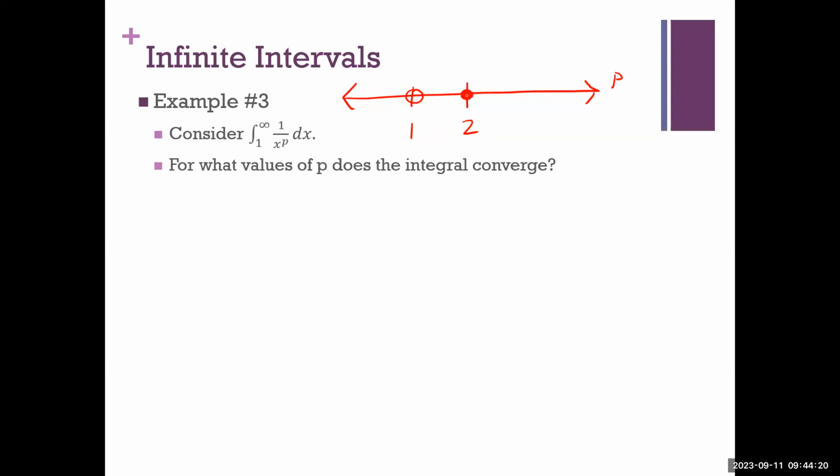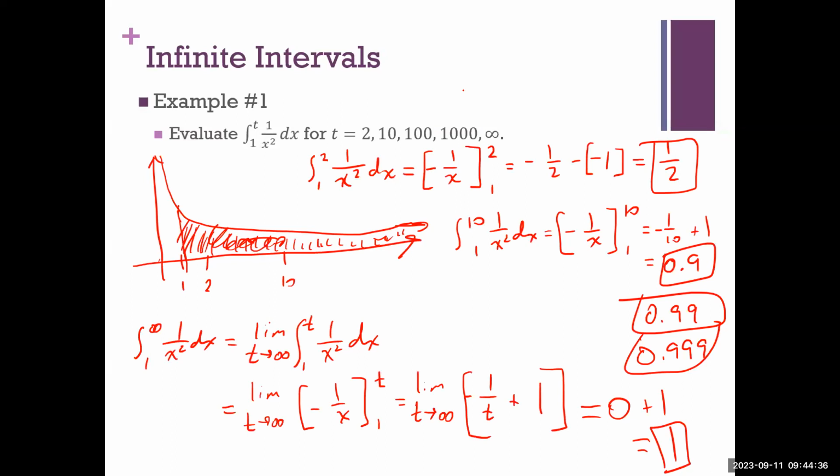Do we think it'll converge for values of p that are bigger than 2? Go ahead. What does converge mean in this context? I tried to explain that, but maybe we could give an example of one that did converge. I didn't mention the term because I wanted to show a divergent one first, but this one is convergent, because when we took the integral, we got a real number.